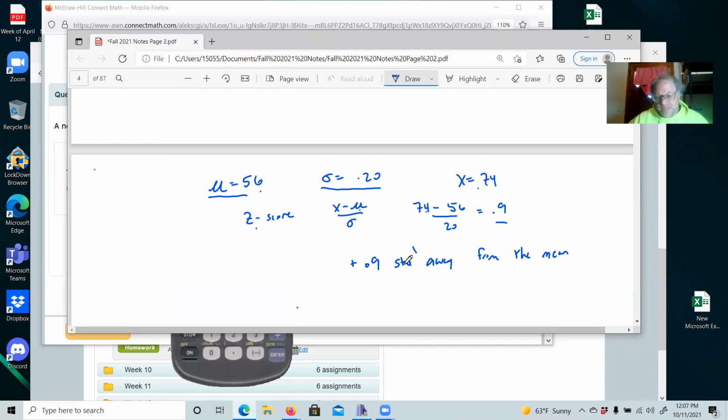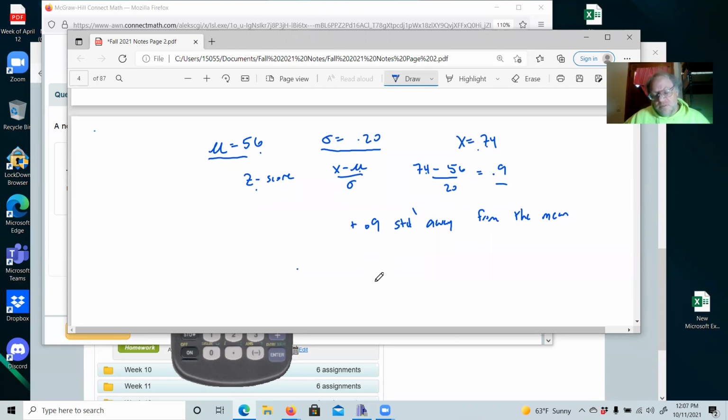A lot of times people will be looking at heights, or abilities, or the weight of oranges. It doesn't matter. And you say, well, is this a good weight or a bad weight? Or am I getting more for my dollar or less for my dollar depending on this weight? Well, how far away from the mean are you? The further away from the mean, usually the less likely that's going to happen.